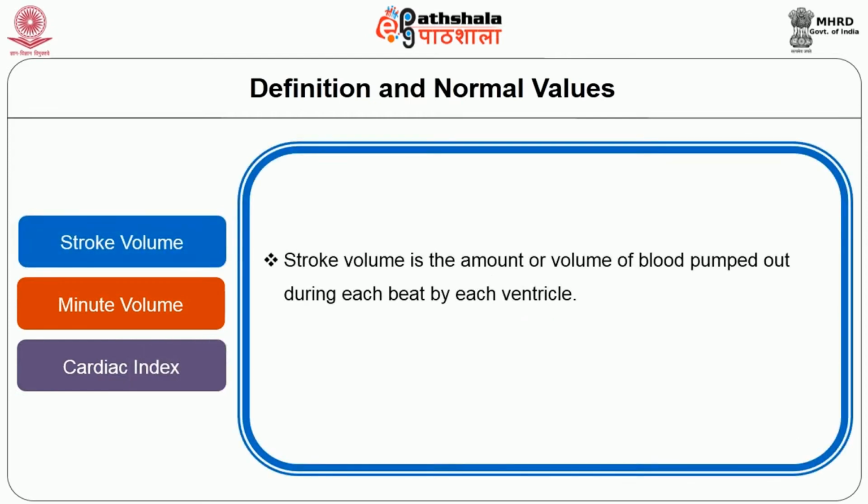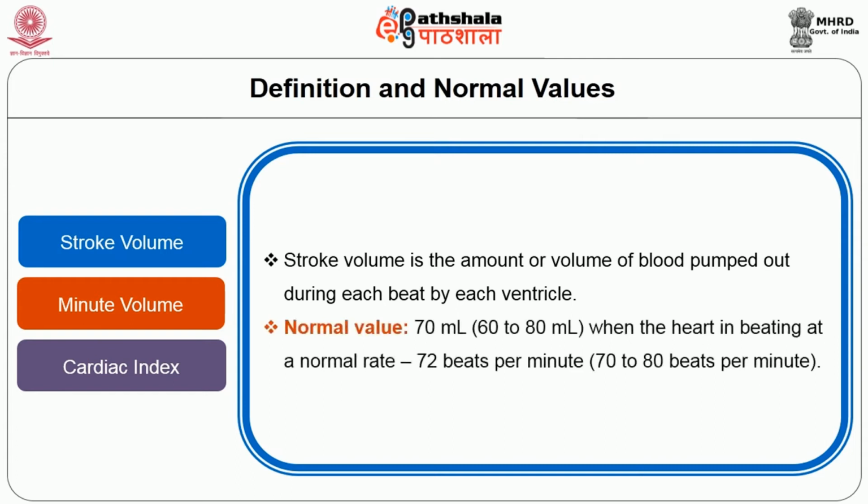Stroke volume is the amount or volume of blood pumped out during each beat by each ventricle. Normal value of stroke volume is approximately 70 ml. It ranges from 60 to 80 ml when the heart is beating at a normal rate of 72 beats per minute, average 70 to 80 beats per minute.